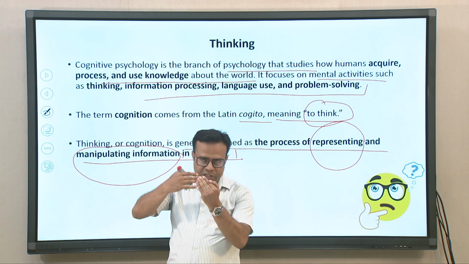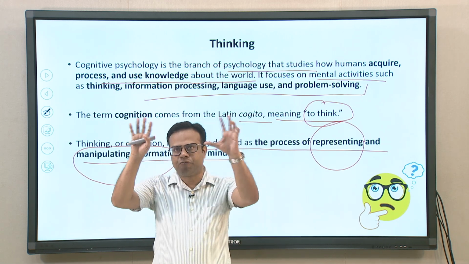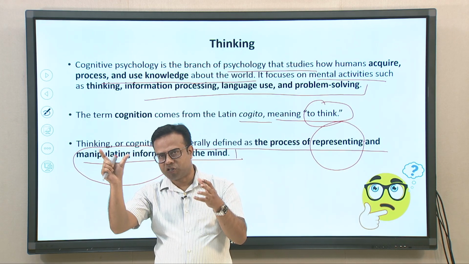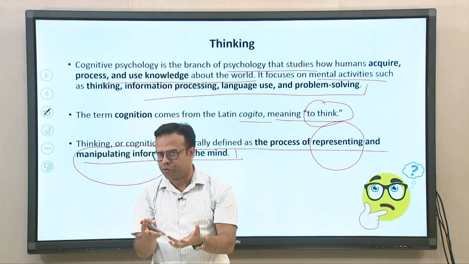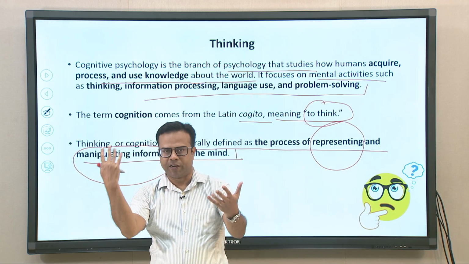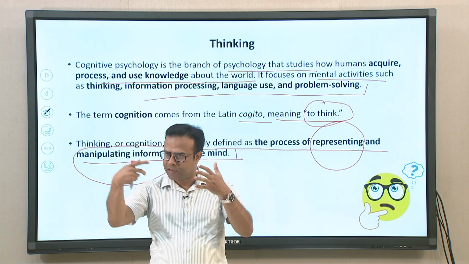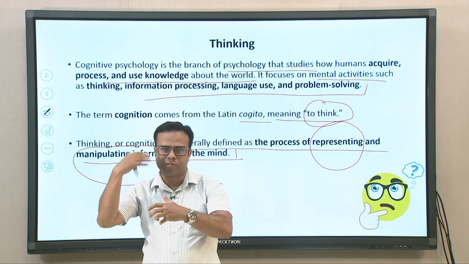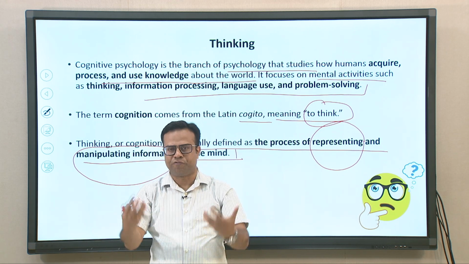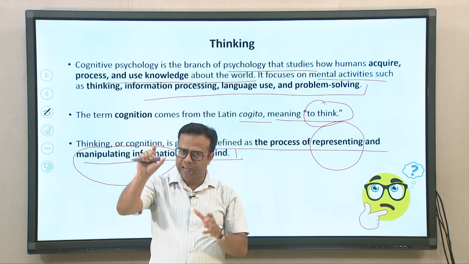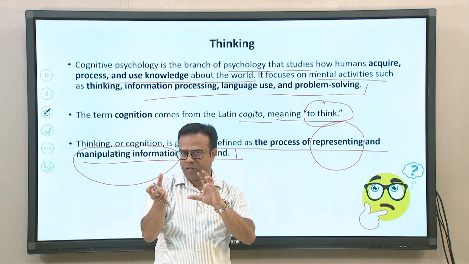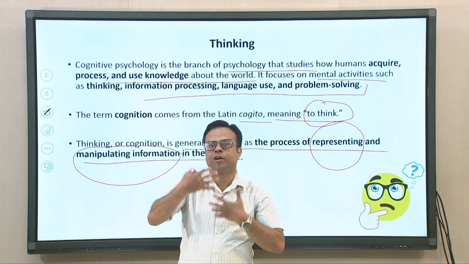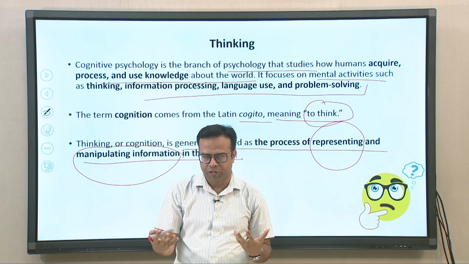Representing means you create certain forms of content like images or concepts. That is the representation part of it, and then we play around with those, process or manipulate them, connect, link one concept with another concept. That process of first representing and then manipulating information is what thinking involves. It is very similar to what software does in a computer.